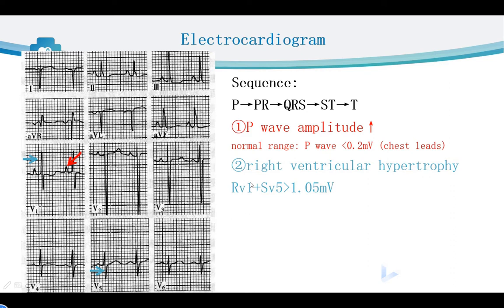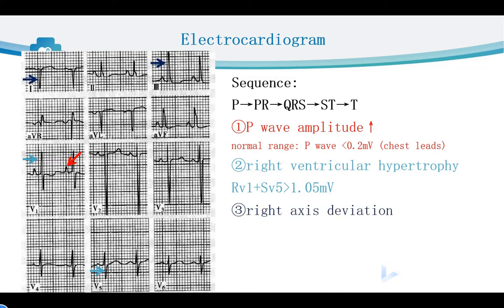So, according to this data, we can conclude a hyper voltage of the right ventricle, which shows the right ventricular hypertrophy.